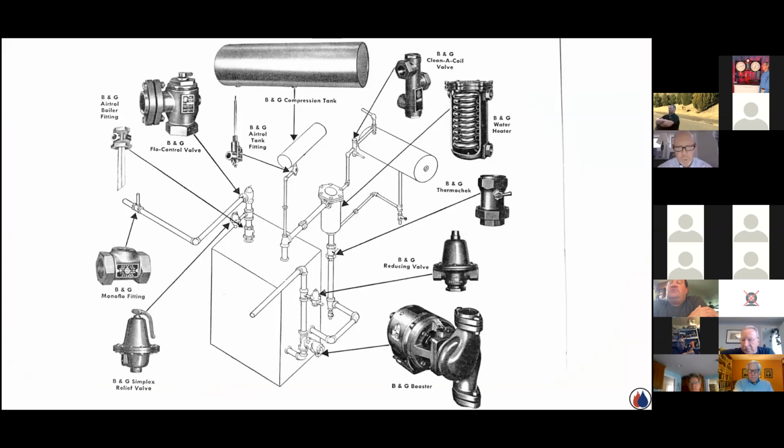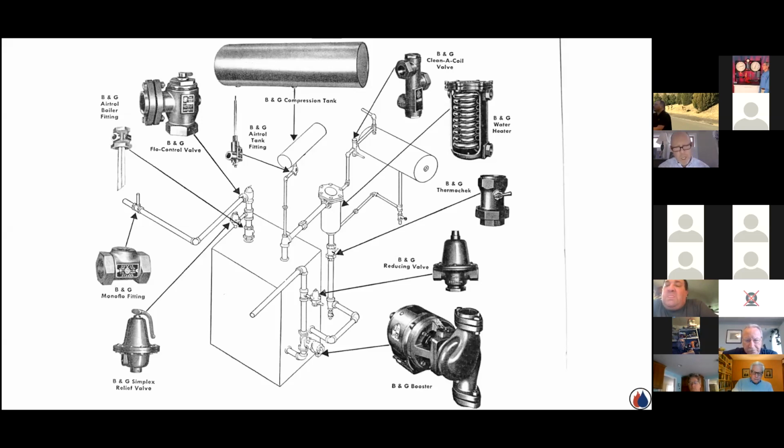Just showing a picture of a boiler, which obviously Bell & Gossett's not a boiler manufacturer, but they handle all the other components that make that system work, whether it be expansion tanks, monoflow fittings, relief valves, circulators, pressure reducing valves, flow control valves, all the various components, air control. So what they were doing then, we're trying to do again, 60, 70 years later, which is kind of amazing to say, but this is where we're at.